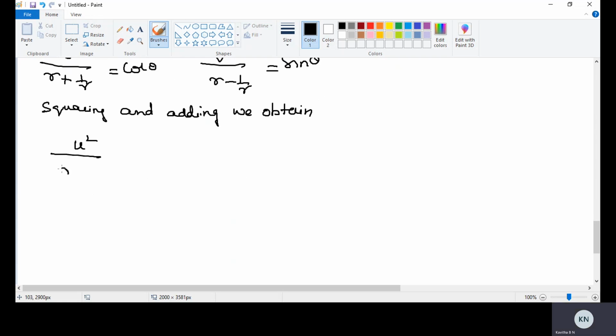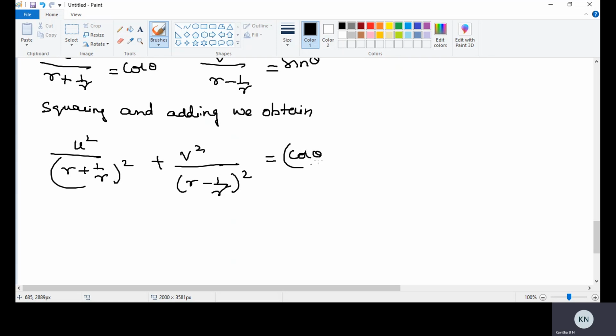U square by R plus 1 by R whole square plus V square by R minus 1 by R whole square is equal to, squaring and adding, cos theta whole square plus sin theta whole square.